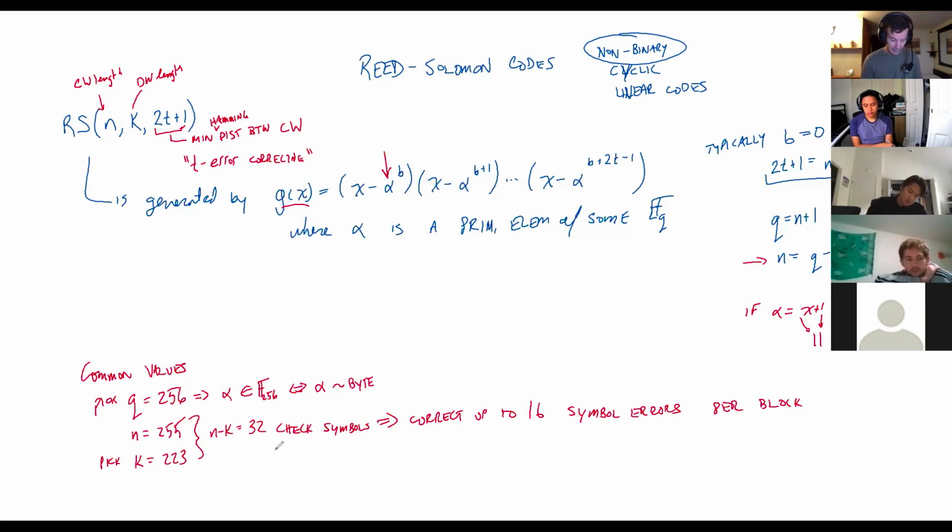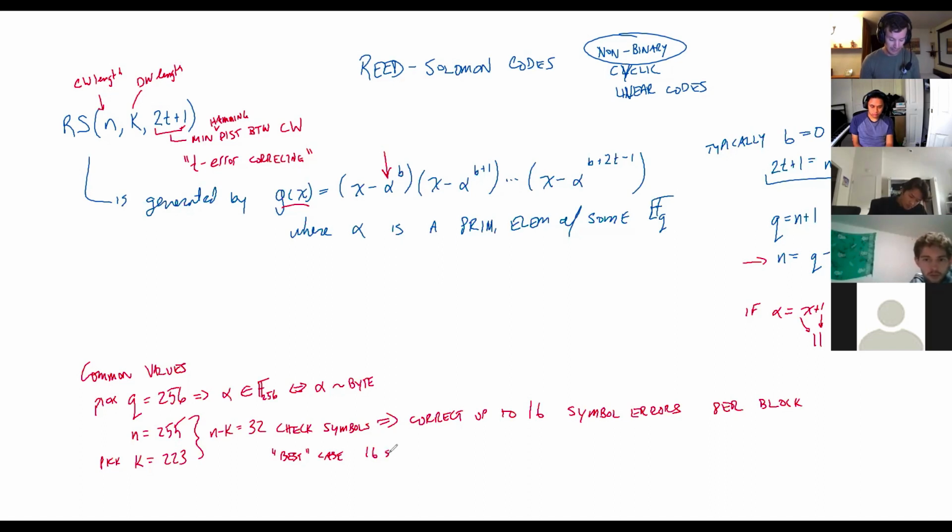So let's think about the quote-unquote best case. It would be that we get 16 symbols corrupted, but every bit in those symbols is corrupted.